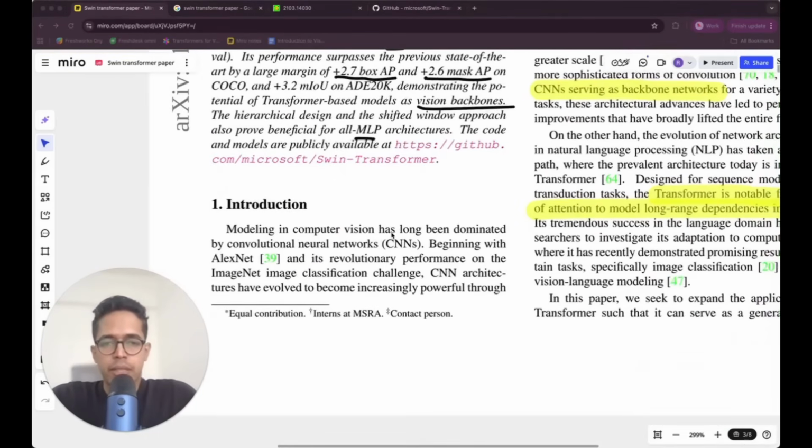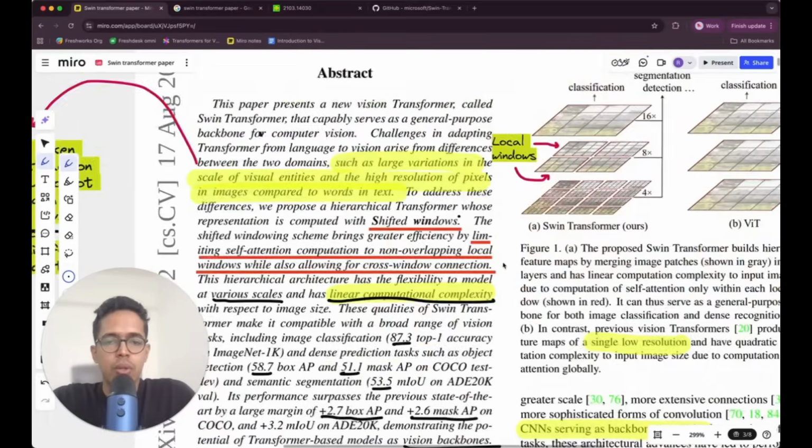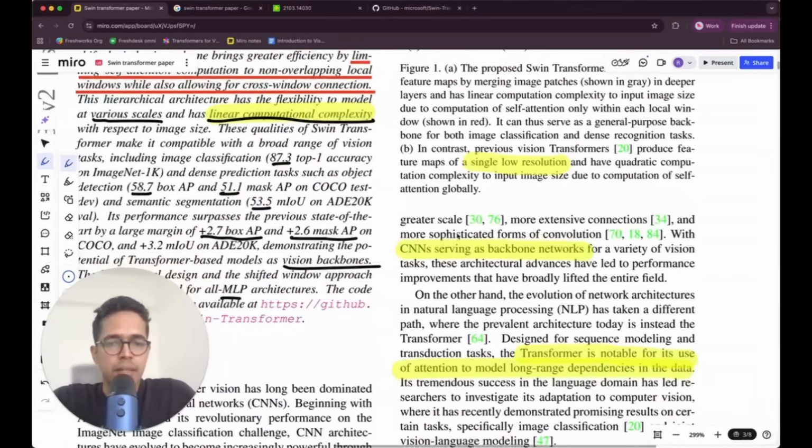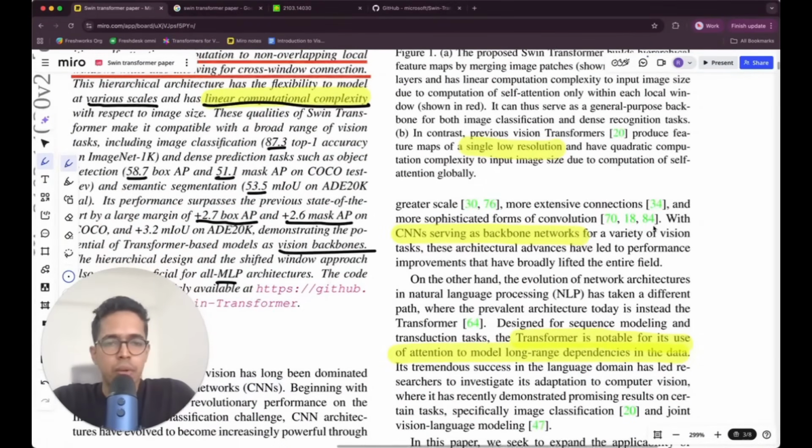Modeling in computer vision has been long dominated by CNNs. Beginning with the AlexNet model and its revolutionary performance on the ImageNet image classification challenge, CNN architectures have evolved to become increasingly powerful. We know that. Increasingly powerful through greater scale, more extensive connections, and more sophisticated forms of convolution.